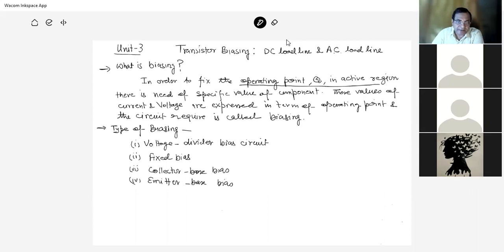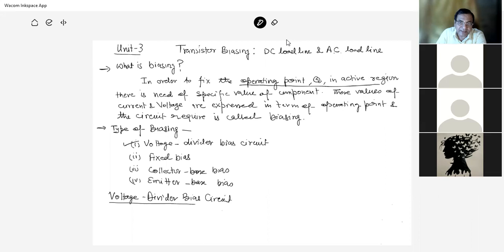So there are four types of bias circuit, and we would like to study in detail the voltage divider bias circuit.